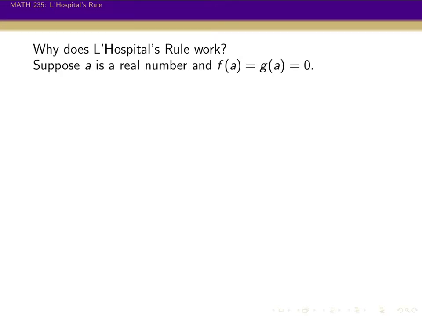And the case I'm going to focus in on is if a is a real number and both f of a and g of a equal 0. So this means that we're thinking about these as being continuous, differentiable functions.